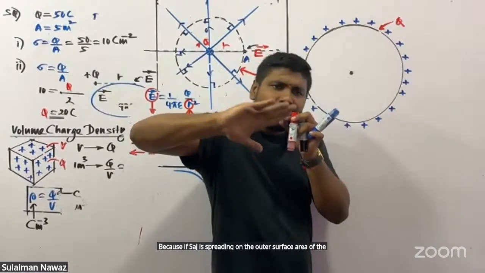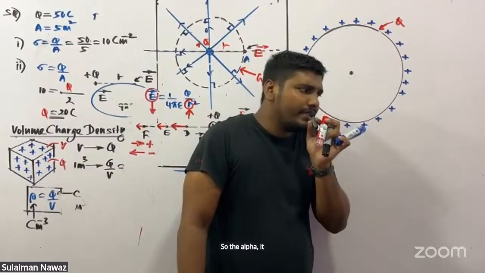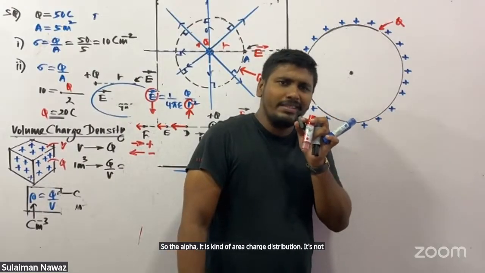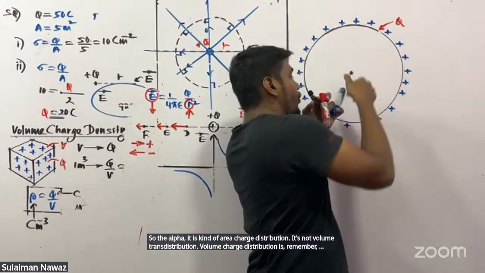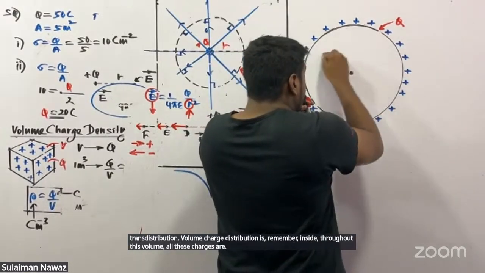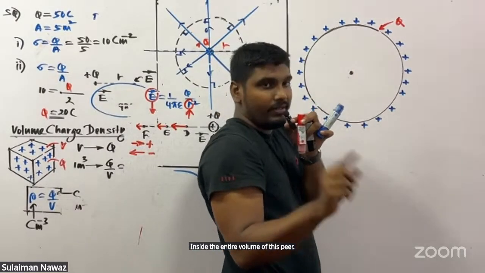So it is not a volume charge distribution. Volume charge distribution is when all these charges are inside, throughout the entire volume of the sphere.